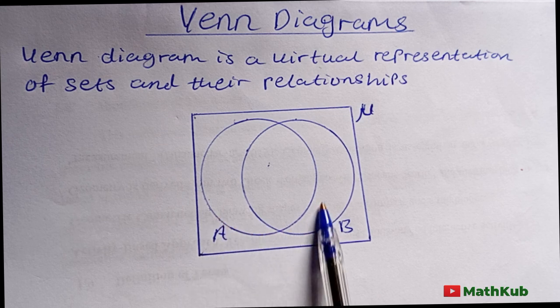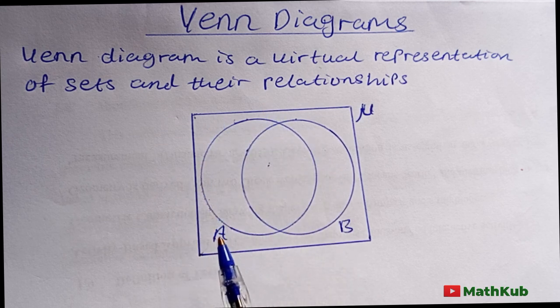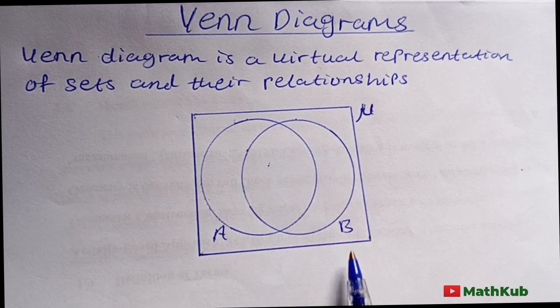The whole of this first circle is set A. It represents set A, and this other one represents set B. Let's look at the visual representation of their relationship. This will be fun and interesting. Keep watching.